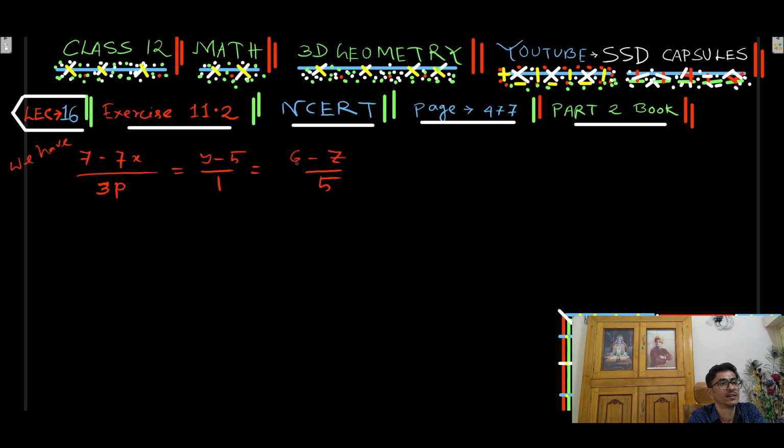It should be in the form x minus x1 by a, y minus y1 by b, z minus z1 by c.